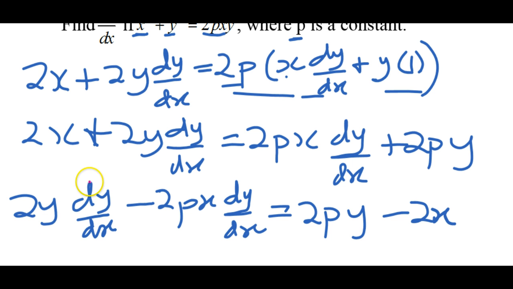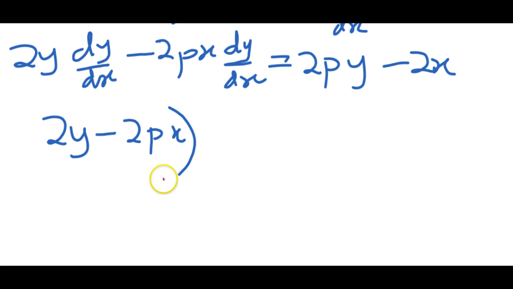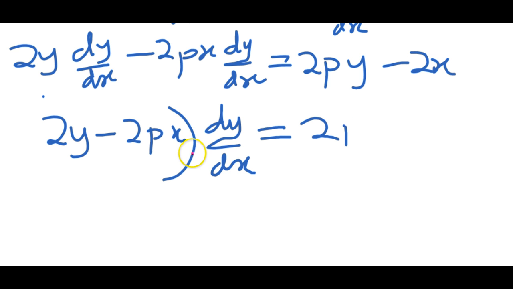So this is what we have here. If I factor this out, I can have my 2y minus 2px, outside the bracket we have dy/dx. Okay, then here we have 2py minus that.